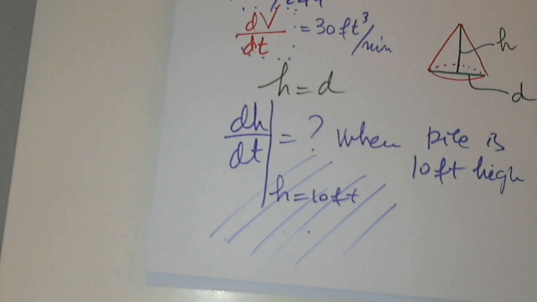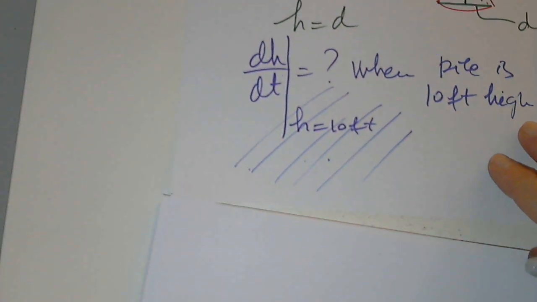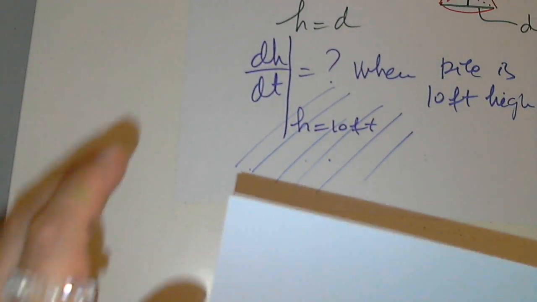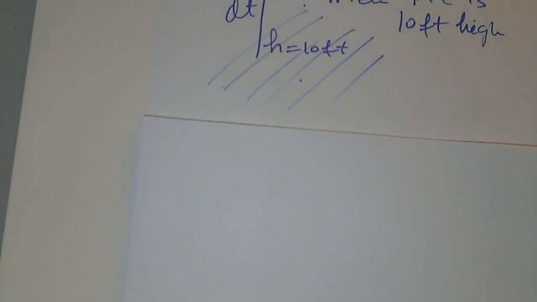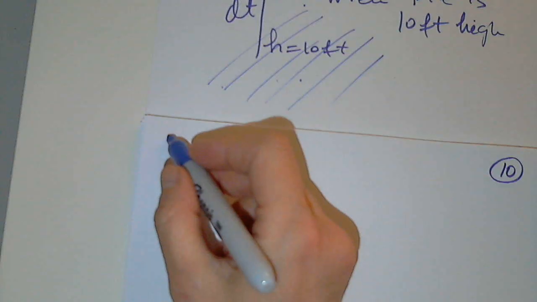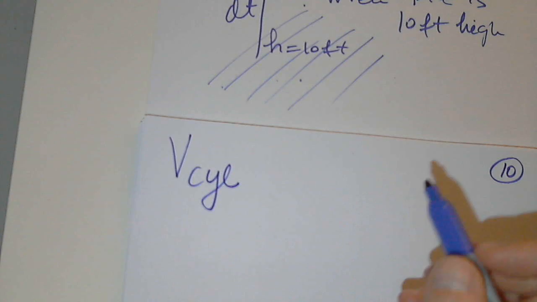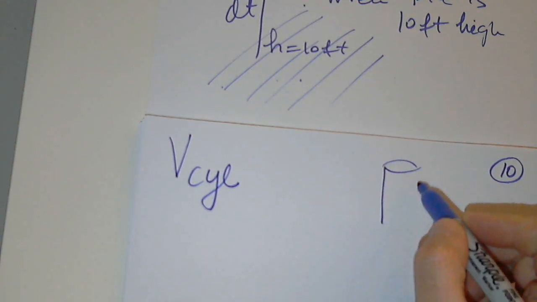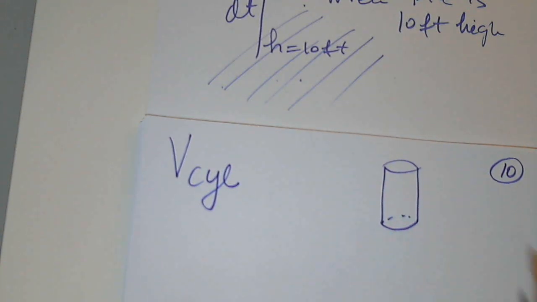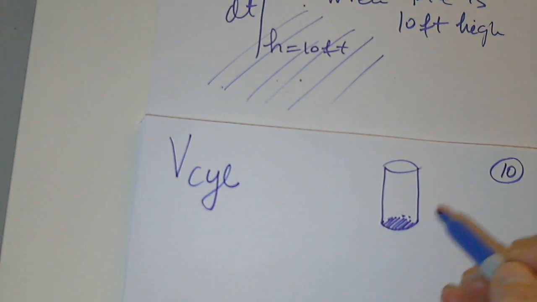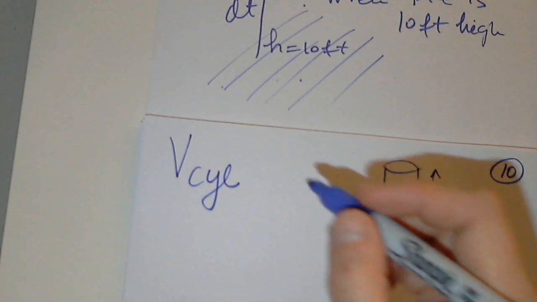Okay, can anyone give us a relationship between the volume and its height? So let me refresh your memory on a couple of formulas. The volume of a cylinder, this is a cylinder. You can say, wait a minute, we're talking about the cone. In a moment, I'll explain. The volume of a cylinder is the area of the base times the height.